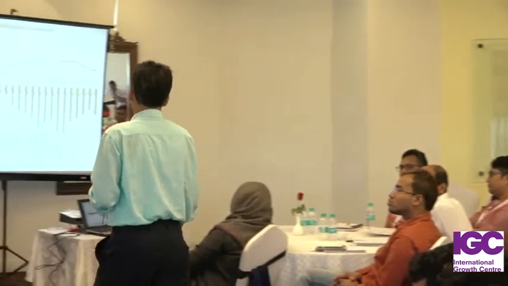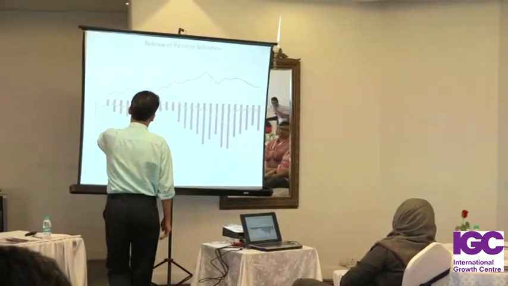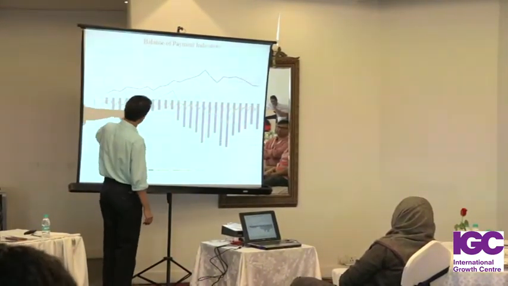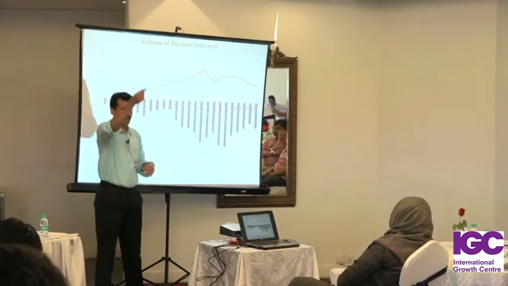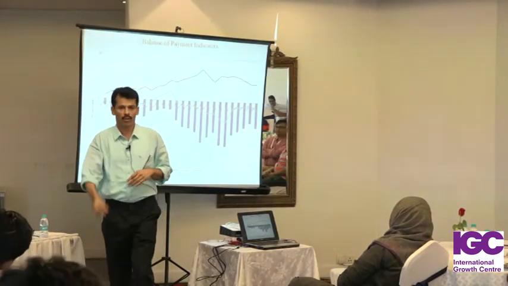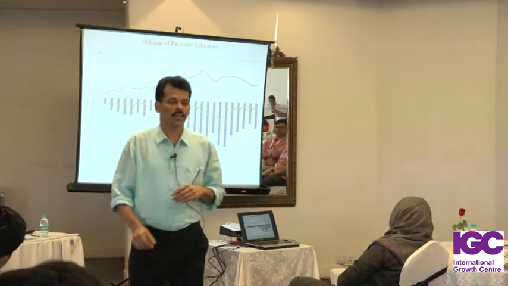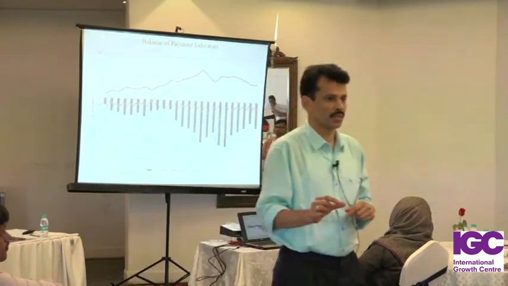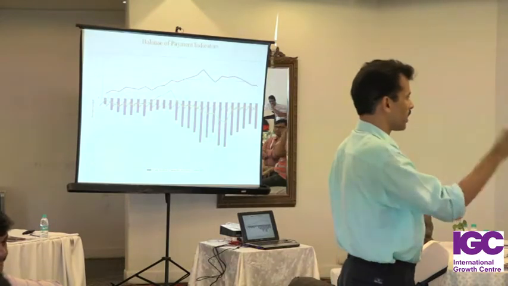In the case of this graph, the bar graph below, which is all negative, is the trade deficit in the goods account, in the merchandise account.